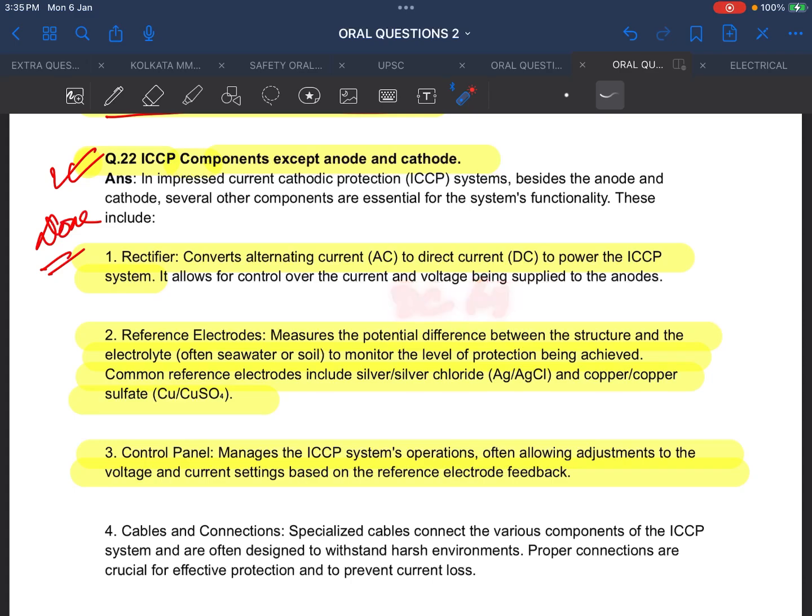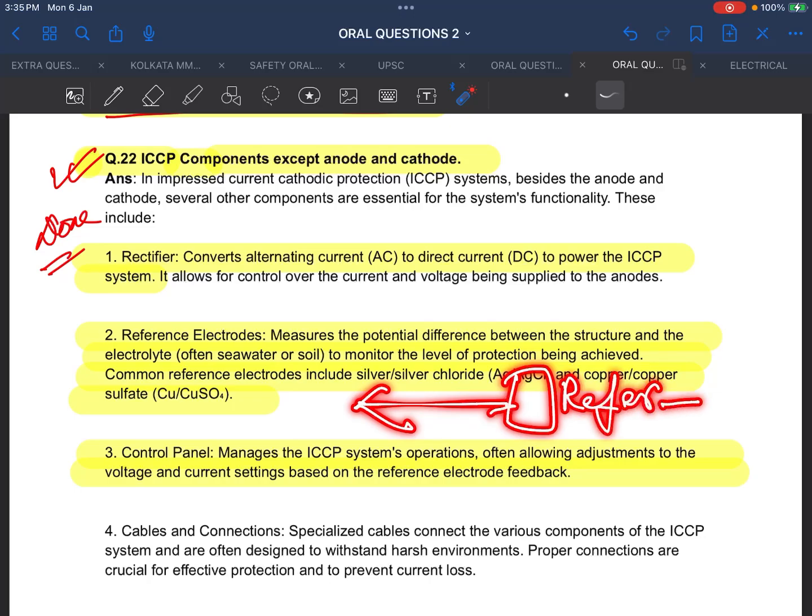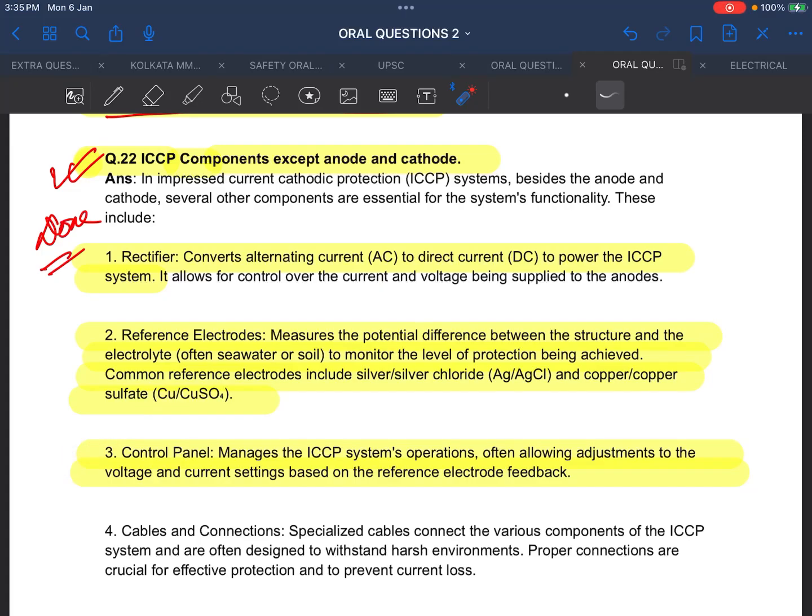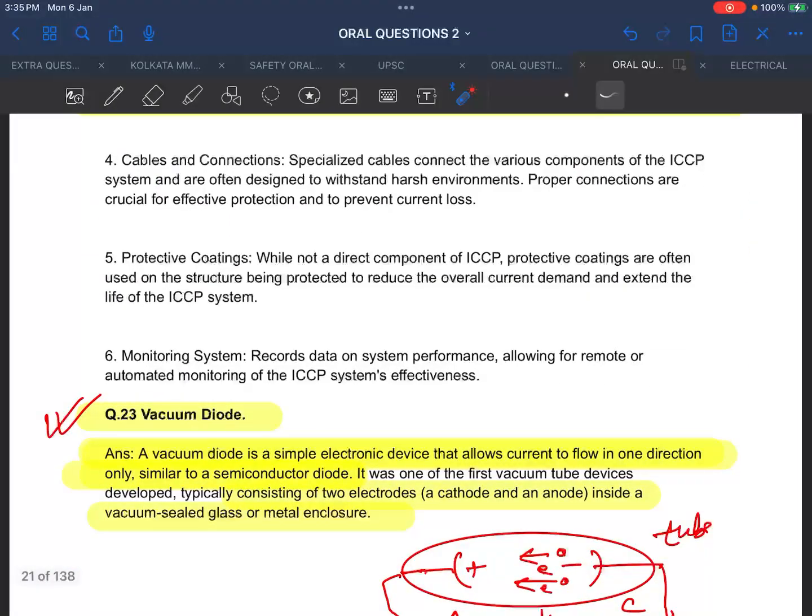So we use a rectifier circuit, a reference electrode also, and there is a control panel which measures the potential difference between the ship hull and reference anode, and sends a current greater than our main corrosional current, so that the corrosional current effect will be minimized. The control panel has a PCB and thyristor circuit for controlling and measuring the current, and there are cables and connections. You already know the external components.